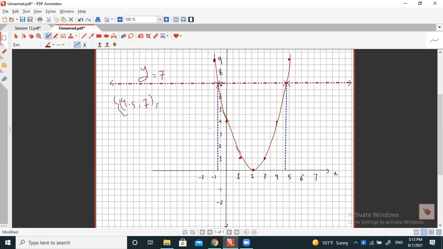Minus 0.5 and 7. This one? Yes, or it can be minus 0.75 or something like that. It's before negative 1. How does it become negative 3? I didn't say negative 3. I said negative 0.5.